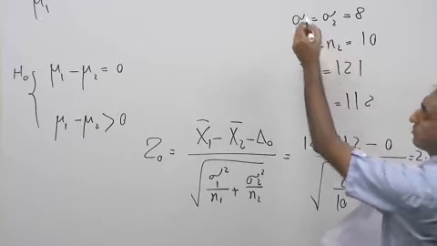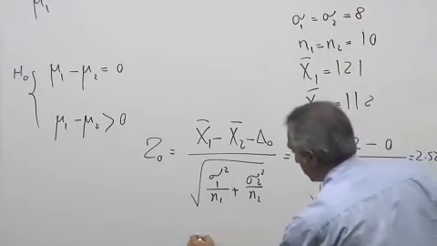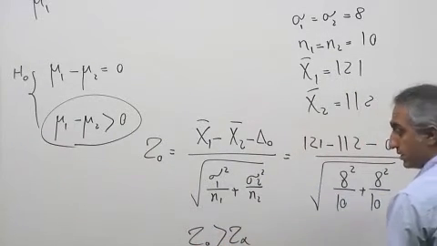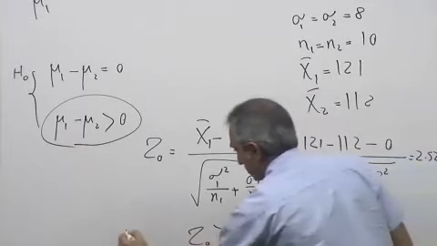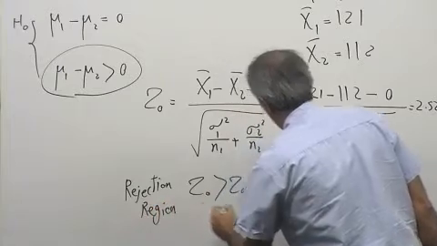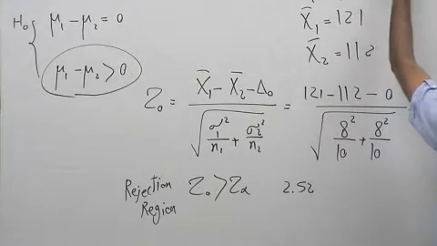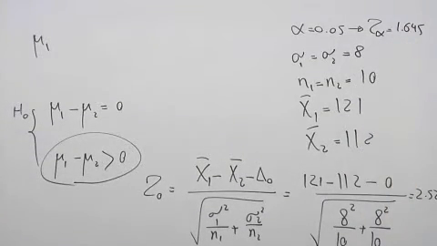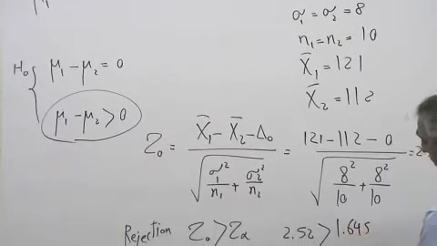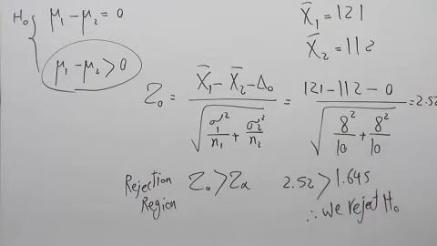By the way, alpha is 0.05. Therefore, your rejection region for this case is Z0 greater than Z of alpha. So what is your Z0? 2.52. Z of alpha is 1.645. So 2.52 is greater than 1.645. Therefore, we reject H null. Therefore, it is effective.